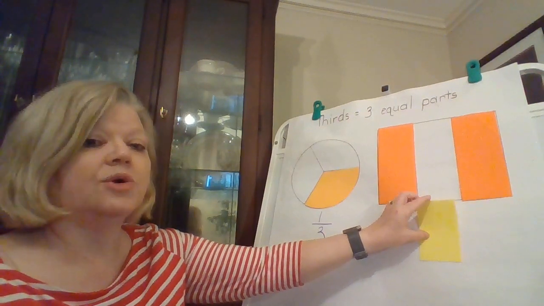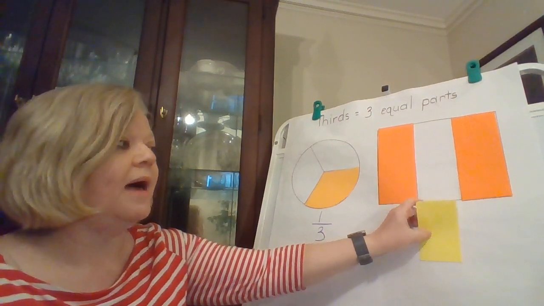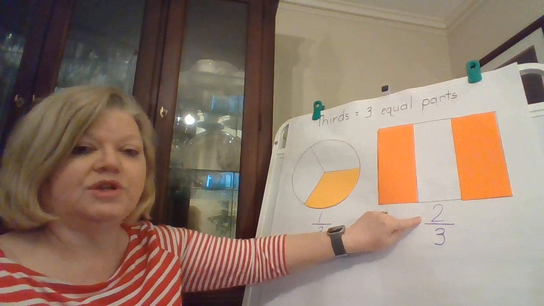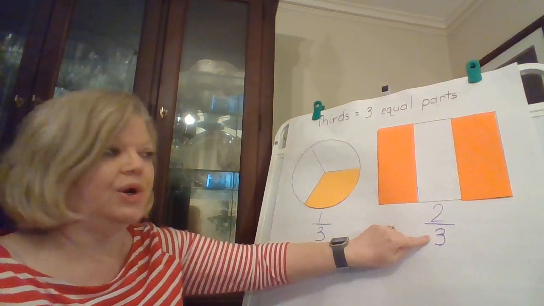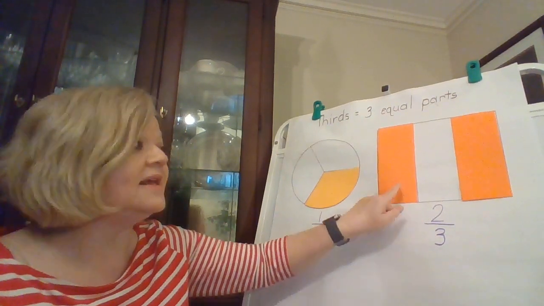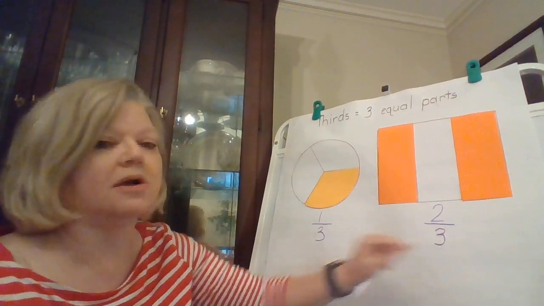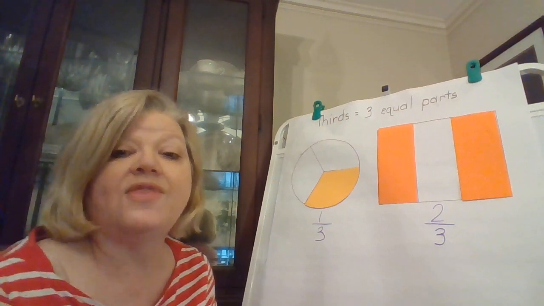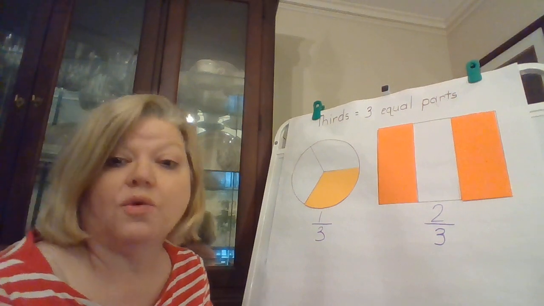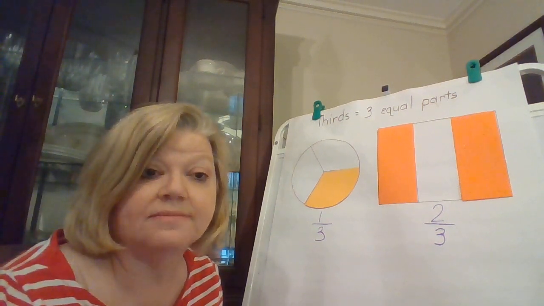How many are colored or shaded? How many are all together? My fraction would be 2/3. 2 parts are colored or shaded out of 1, 2, 3 parts all together. That is how we write fractions, guys.